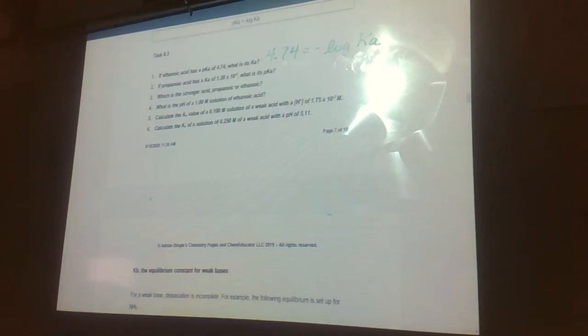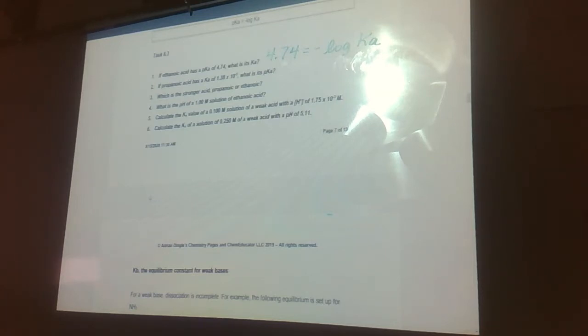This is where you have to use your math skills. What's the opposite of a negative log, or the opposite of a log? Do you know? It's that button on your calculator. Nope, that's the natural log, but it's the 10 to the x.